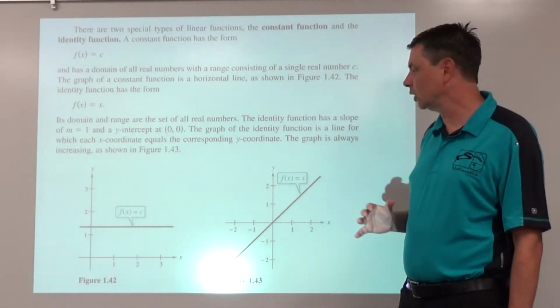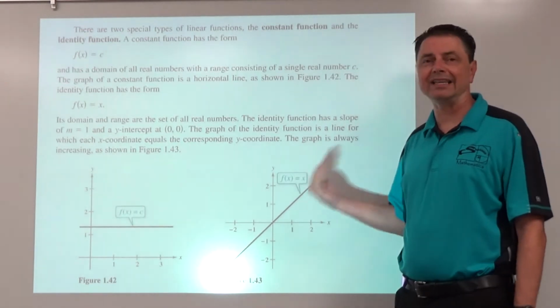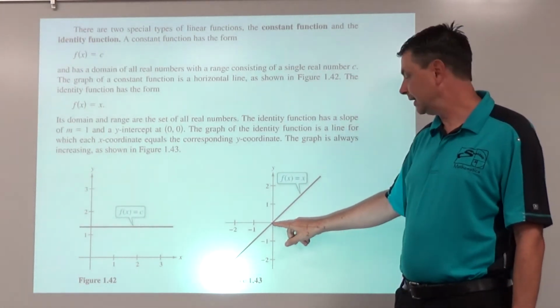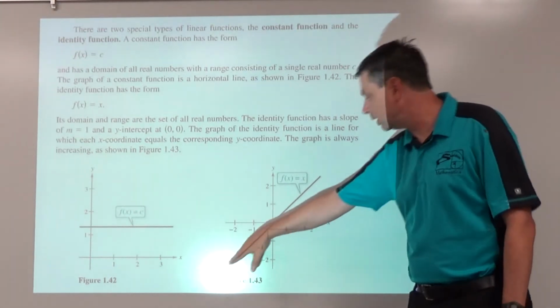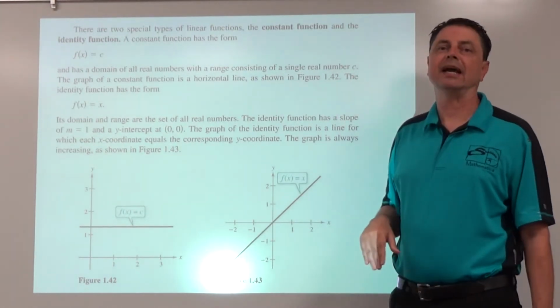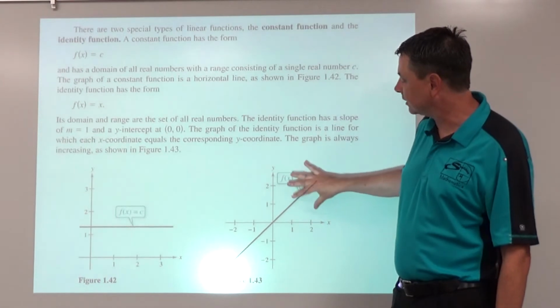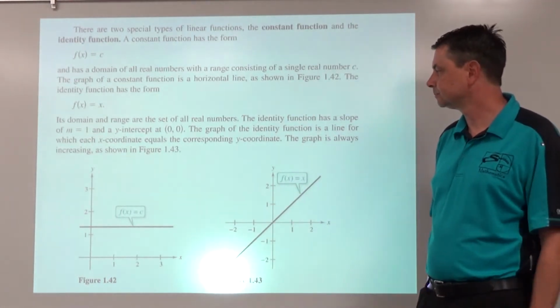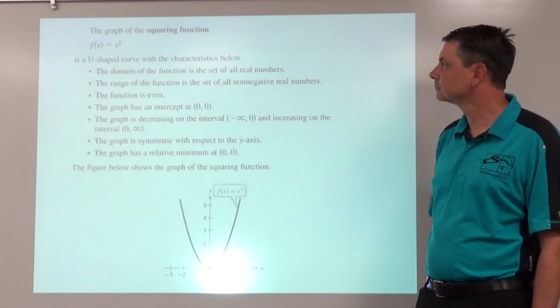Pretty challenging one to graph if we think of that as y equals x. It does have a y-intercept of 0 and a slope of 1, up 1, right 1. So it is completely diagonal, cutting exactly halfway through quadrants 1 and 3.